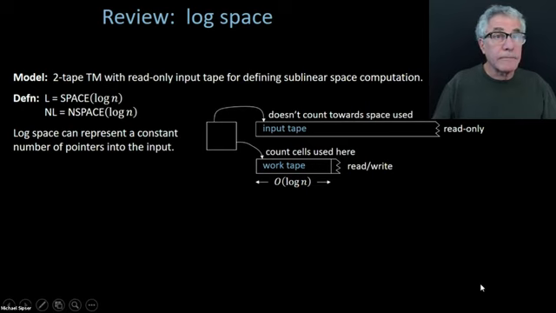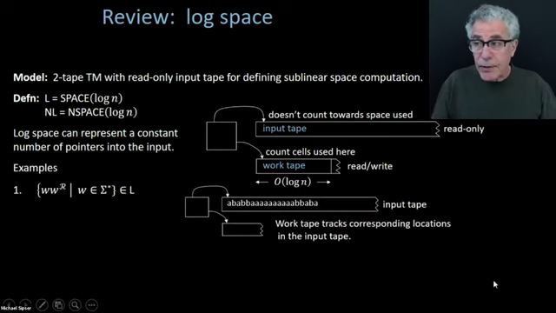So we gave a couple of examples of the L and NL languages. So this language of WW reverse, as you may remember. So here is an input in WW reverse. It's a palindromic string, which is of even length. And so you can make a machine in log space here that can test whether its input is of that form. And the work tape, all it needs is a couple of pointers that refer to the corresponding places of the input that you're looking at the moment.